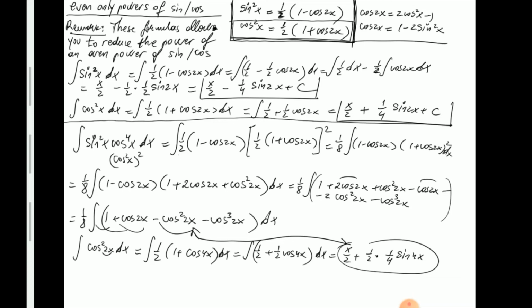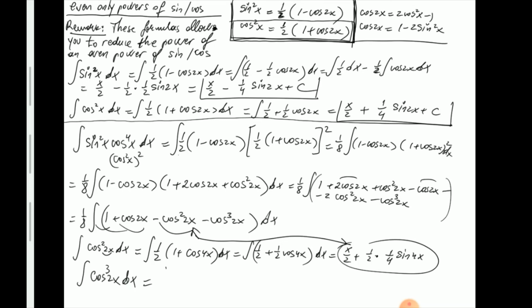As you can see, it's rather tedious, so we don't do this by hand too often, but that's the idea. Basically, you reduce the power until you break it down to pieces you know how to integrate by other techniques. I'm not going to finish the last step here, but cosine cubed 2x, well, this will be in the same manner. First of all, you can make a quick u substitution if you don't like 2x, but you don't need to do that.